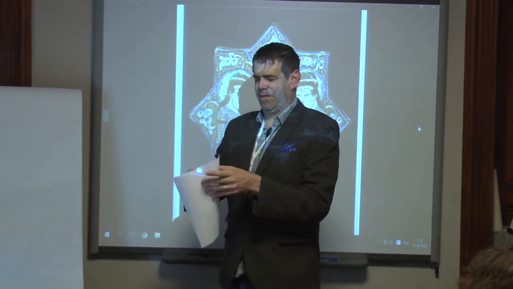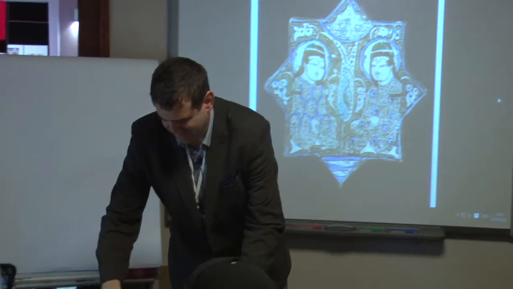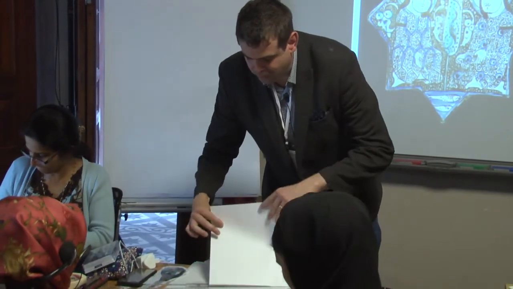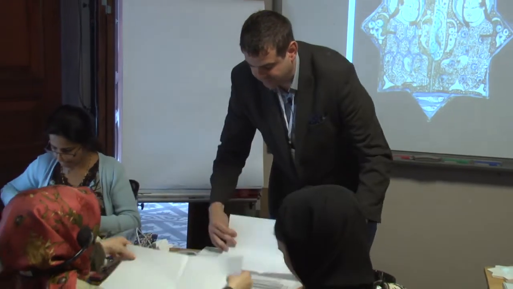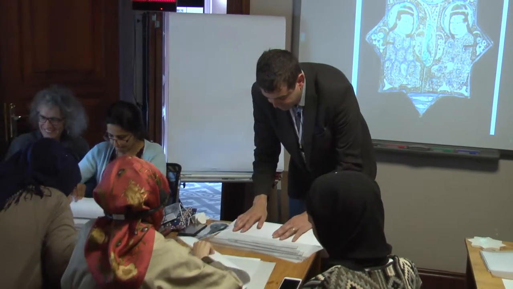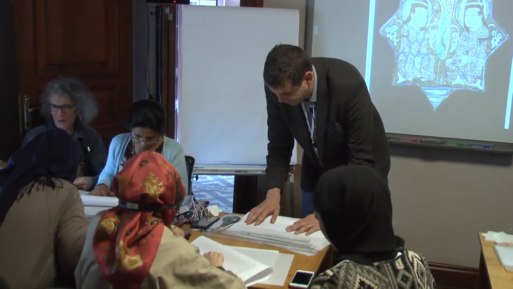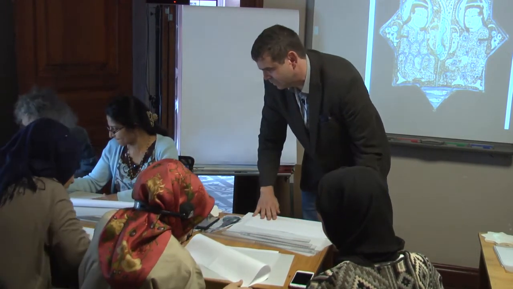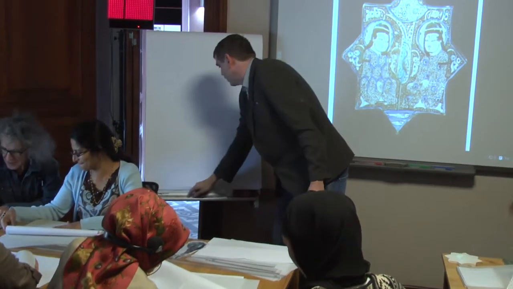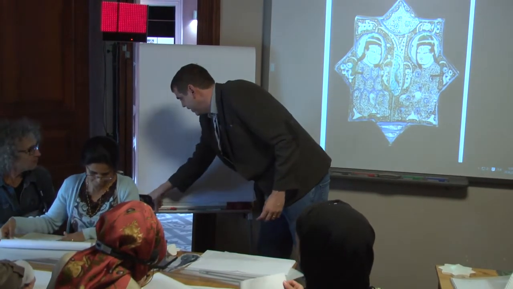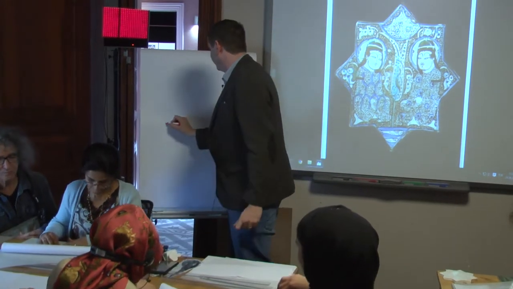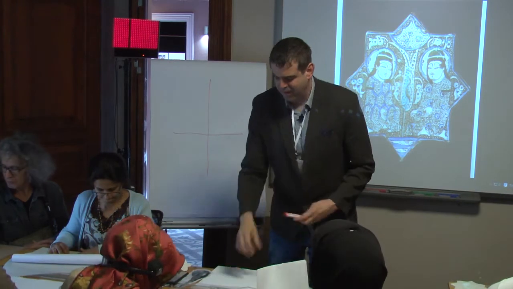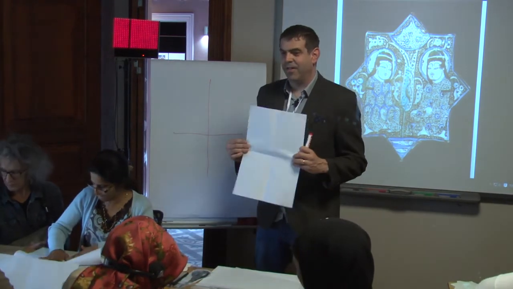And then another one vertically. Again, make sure it's accurate, so the corners match up. So what you should end up with is the cross, like that. And that's just to get the horizontal and the vertical line.